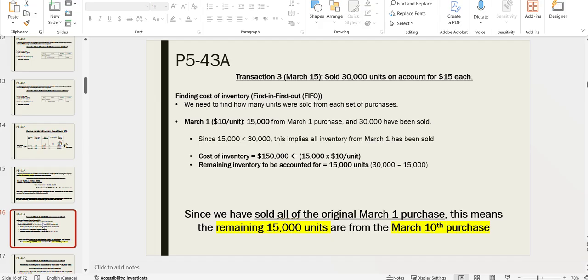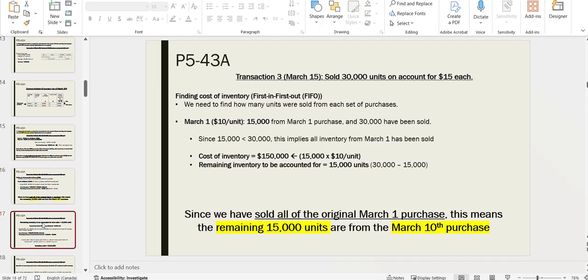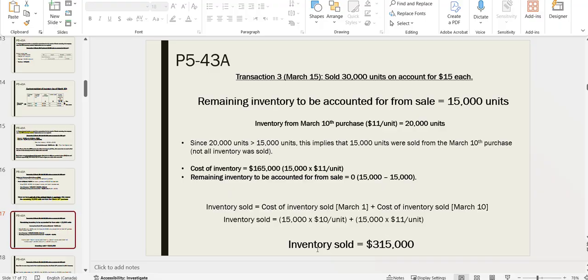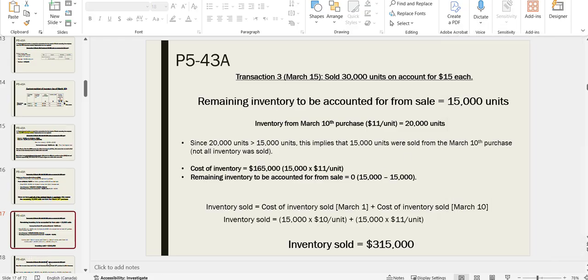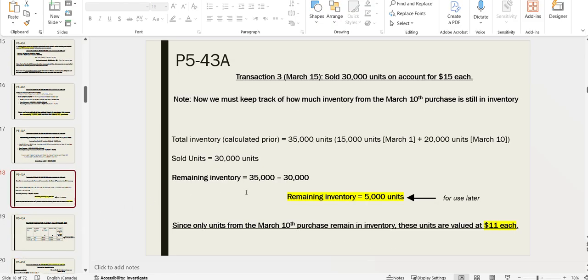So here you can see that the inventory sold of $315,000 comes from our calculation. The remaining inventory is 5,000 units, and each of them has a value of $11.